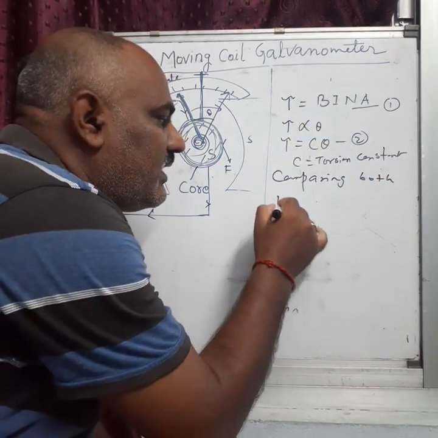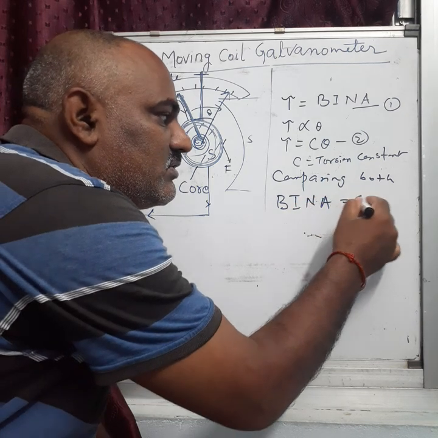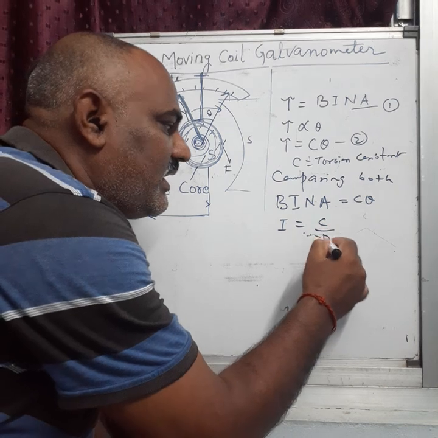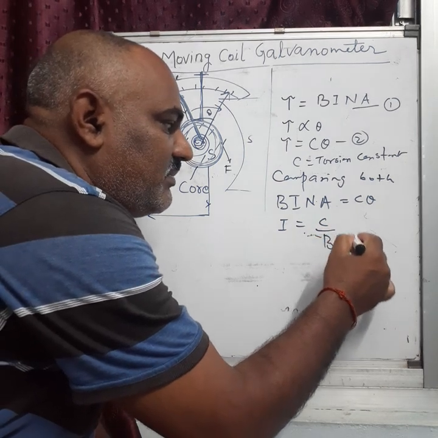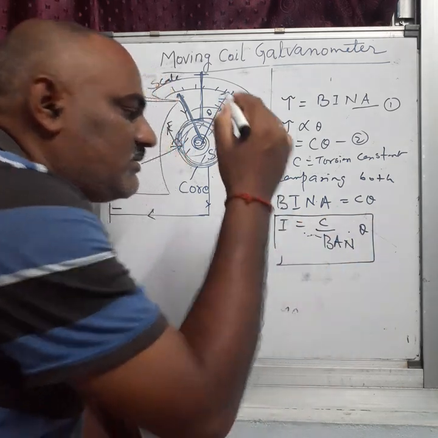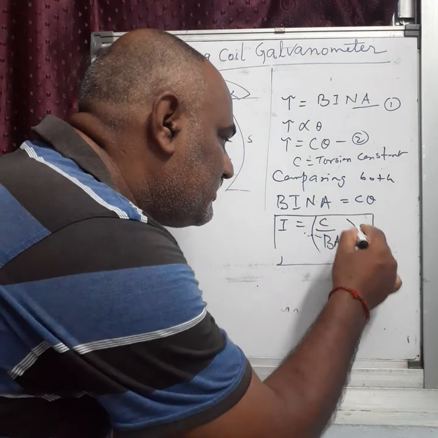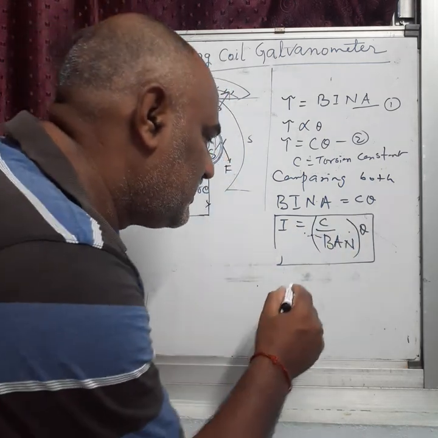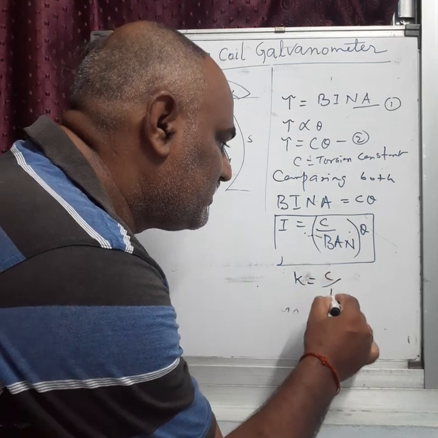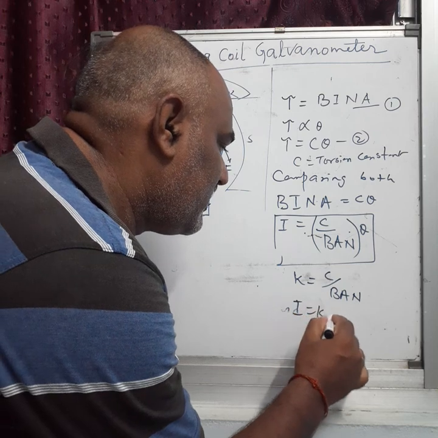When we compare, we get BINA equal to C theta, or I equal to C by BINA into theta. This is the final formula, and this value C by BINA is a constant. Let this constant be K, then I equal to K theta.